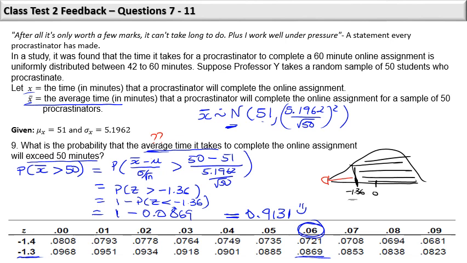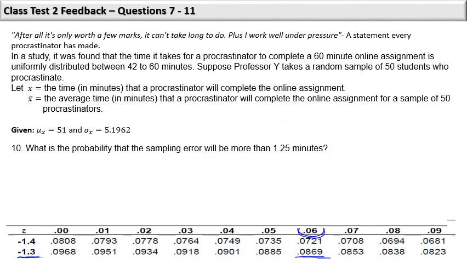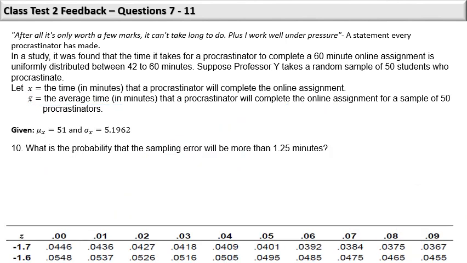Now, my good people, the end is near. We are going to do the second last question. In the second last question, we are asked, what is the probability that the sampling error will be more than 1.25? Now, what is the sampling error? We are dealing with x bar.